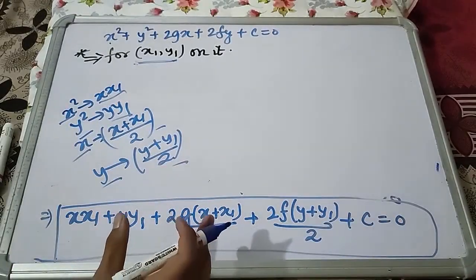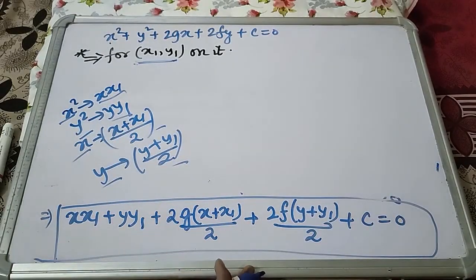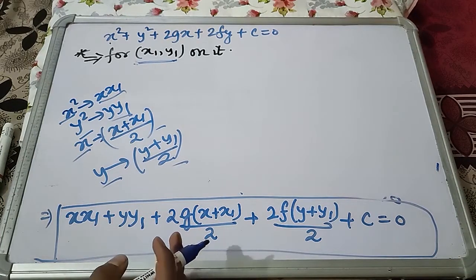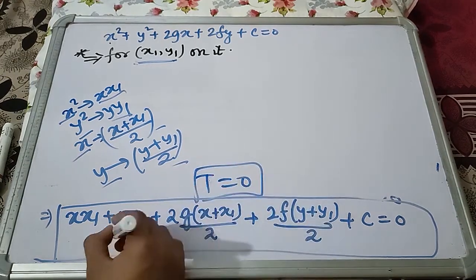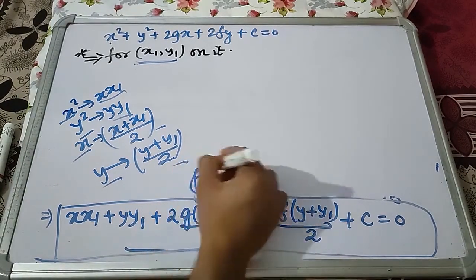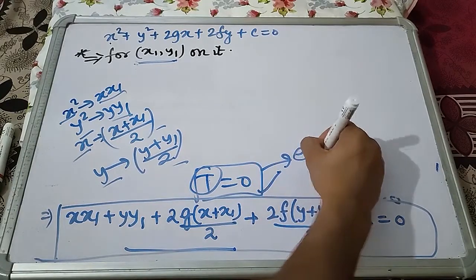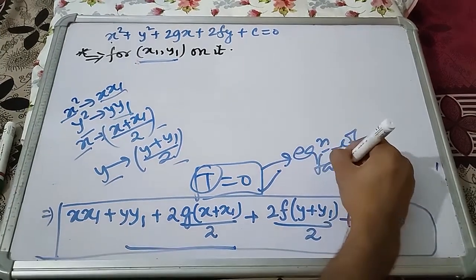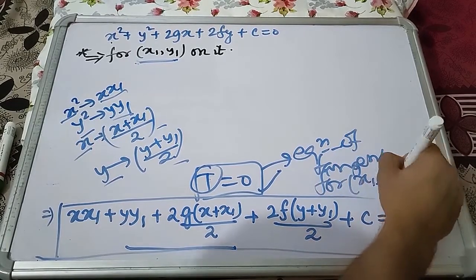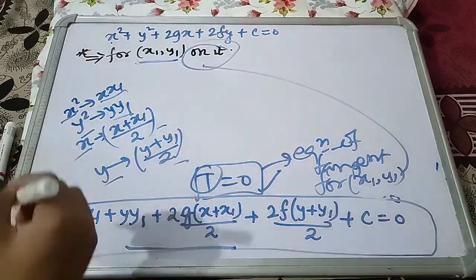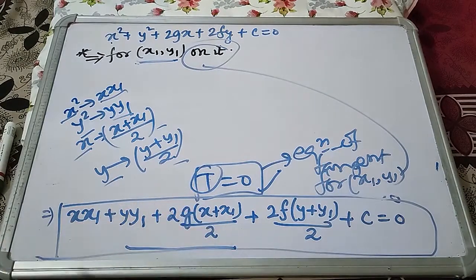So this is actually a homogeneous transformation, which helps us find the equation of the tangent very easily. We call this transformation T, and T equals 0 is the equation of the tangent for the important case of x1 y1 lying on the circle.